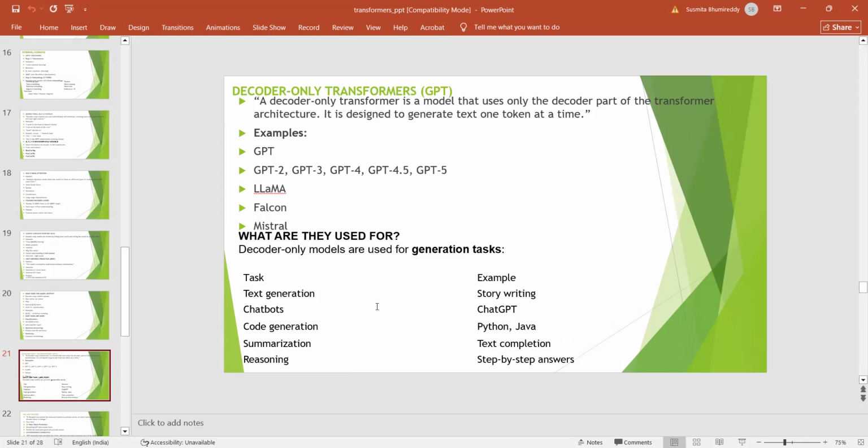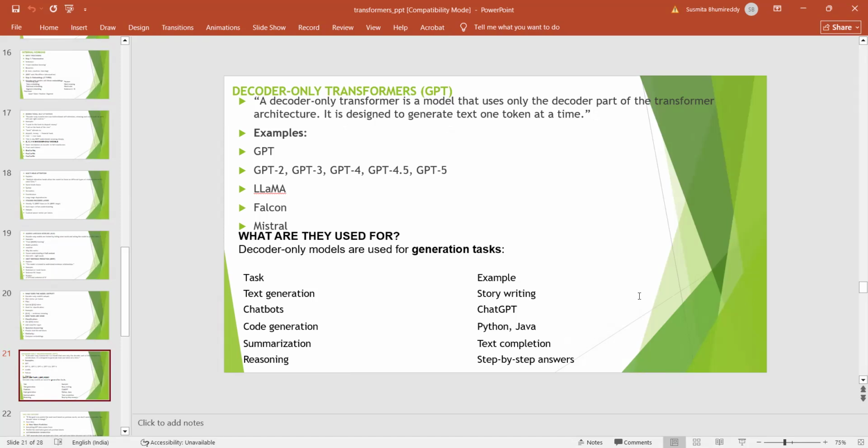And this is the decoder-only architecture. Encoder architecture is just for understanding the text; decoder architecture is for generating the output. A decoder-only transformer is a model that uses only the decoder part of the transformer architecture, designed to generate text one token at a time.